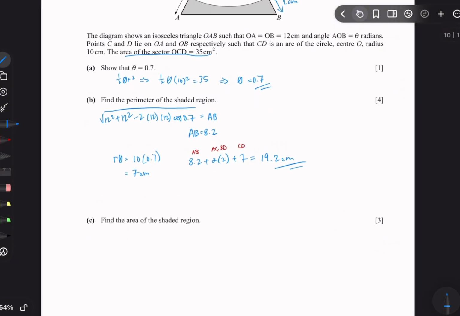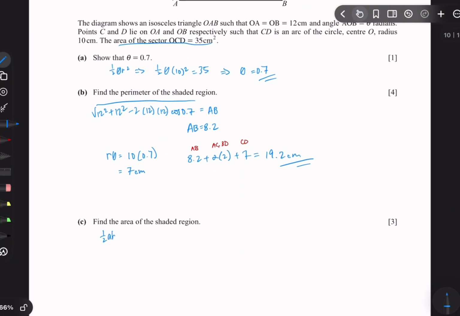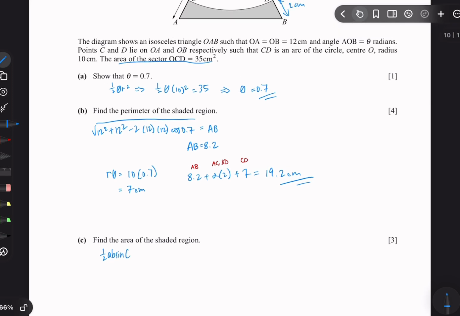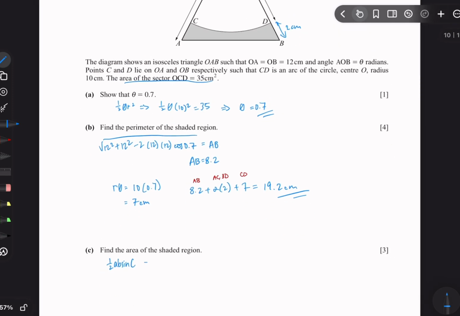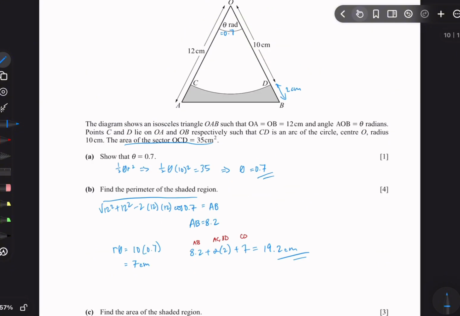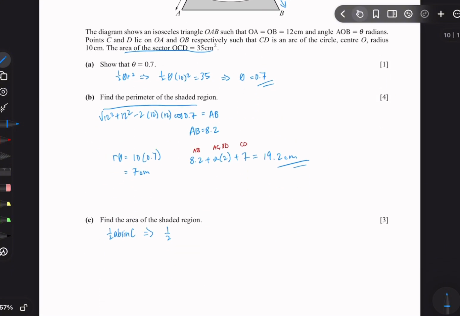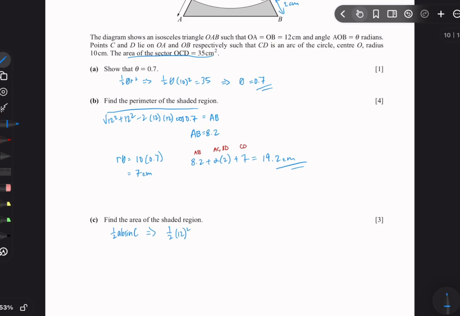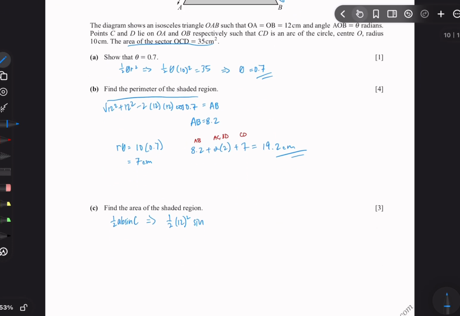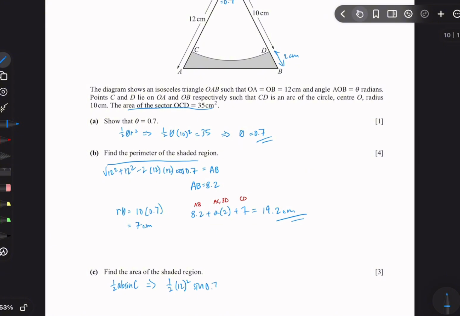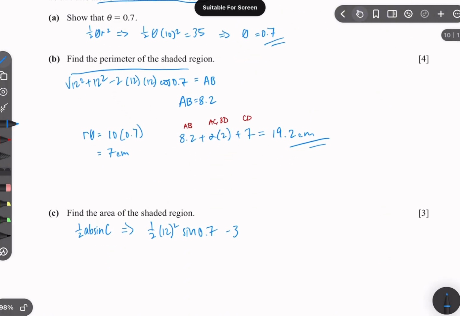So area of triangle, use half AB sine C. Both sides of the triangle are 12, and then C is 0.7. And this is minus 35. So it should give 11.4 cm squared.